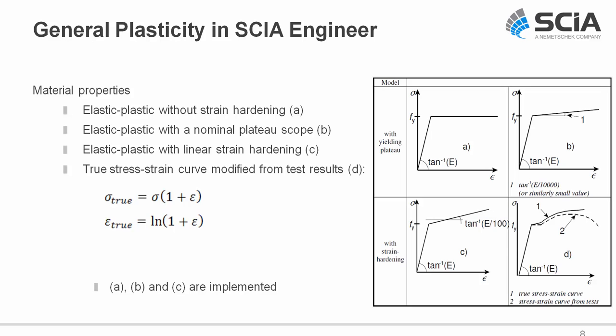As you can clearly see, there are 4 different types of diagrams described here in this code. First of all, diagram A is an elastic plastic stress strain diagram without any strain hardening. This you can clearly see in the diagram itself because there is a maximum value for the stress which equals the yield strength of that material, fy.